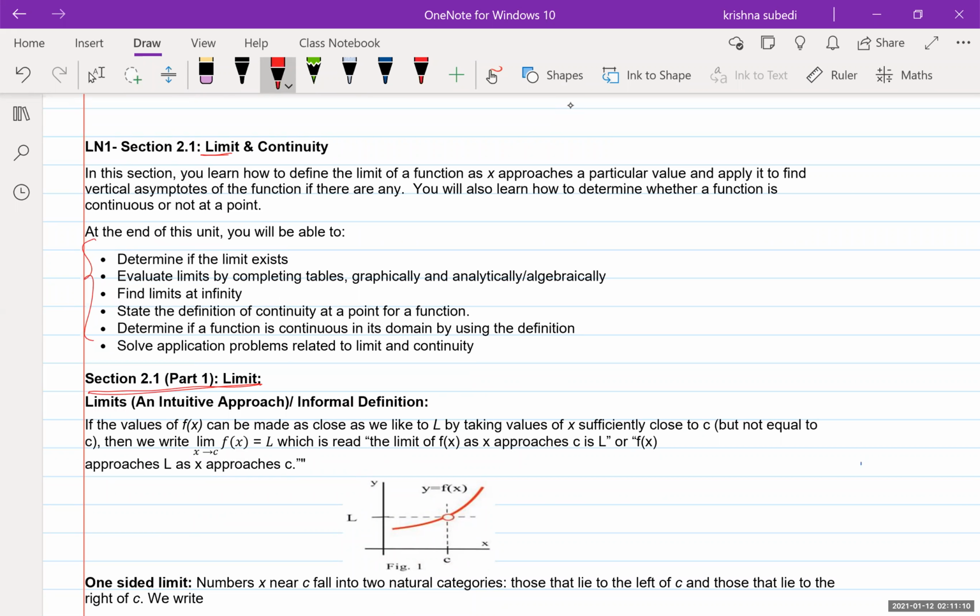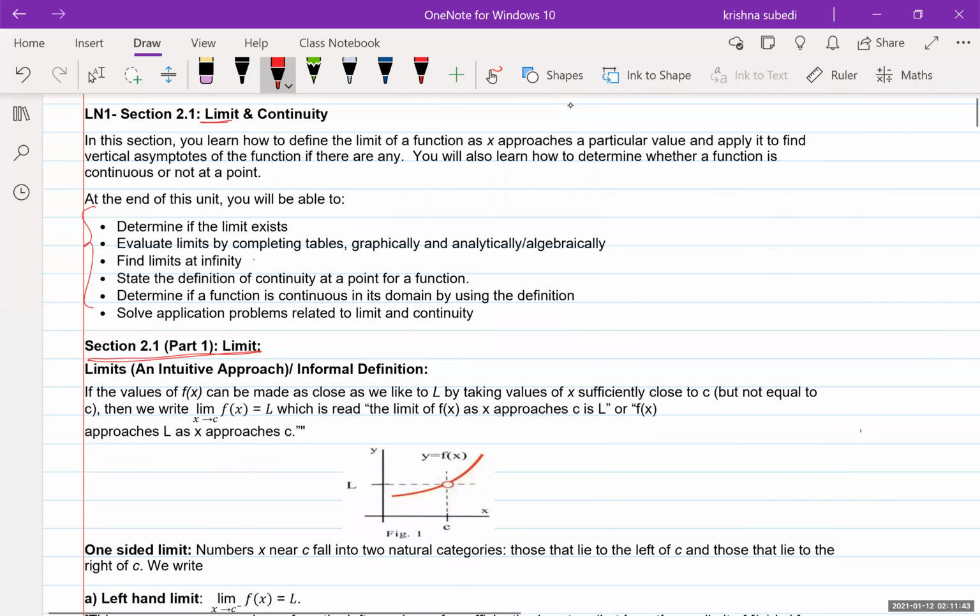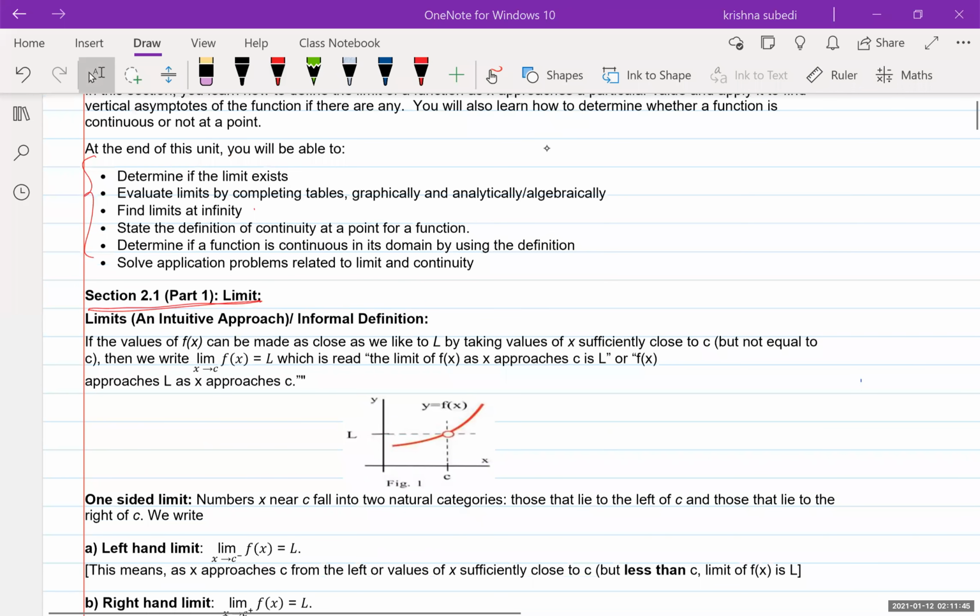By the end of this unit, section 2.1, you'll be able to do these things: determine if the limit exists, evaluate limits by completing tables, graphically, analytically, and algebraically, find limits at infinity, state the definition of continuity at a point for a function, determine if a function is continuous in its domain by using the definition, and solve application problems related to limit and continuity. So these are the goals of this lesson.